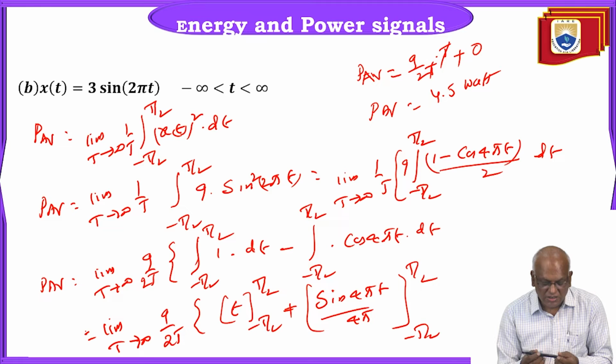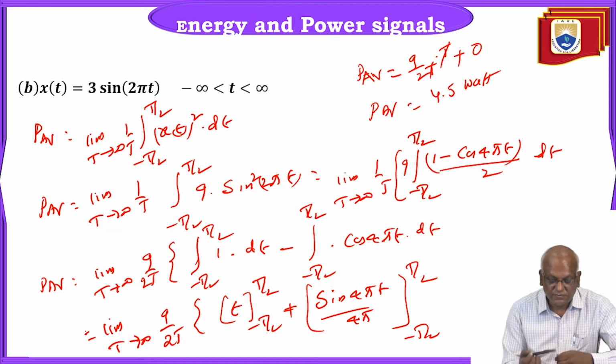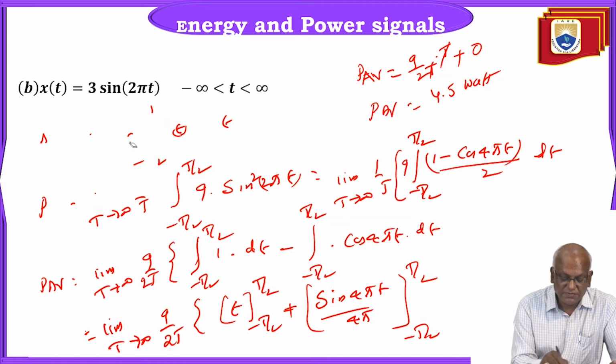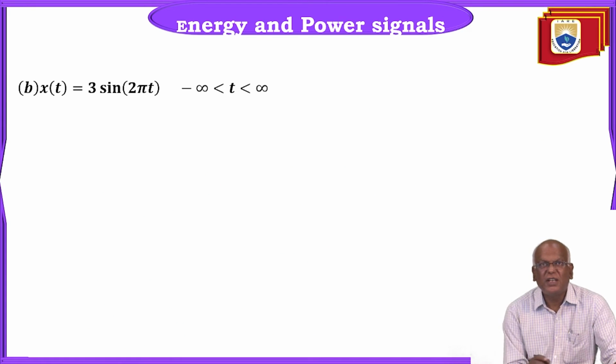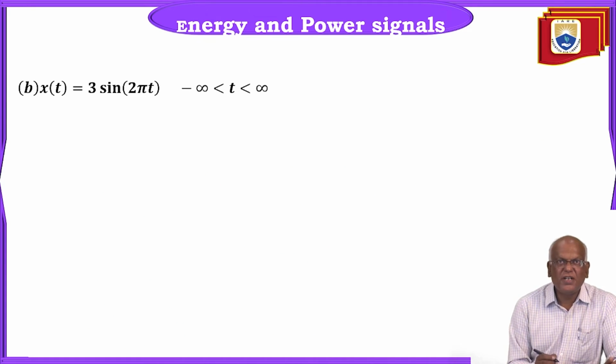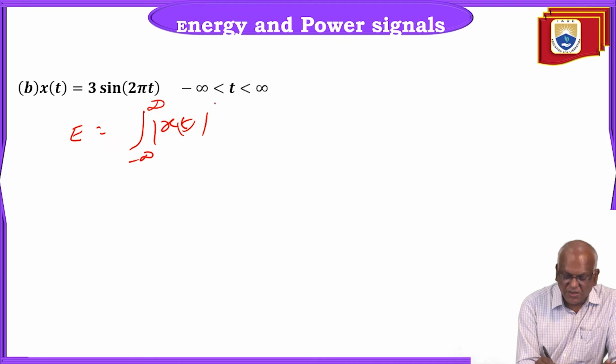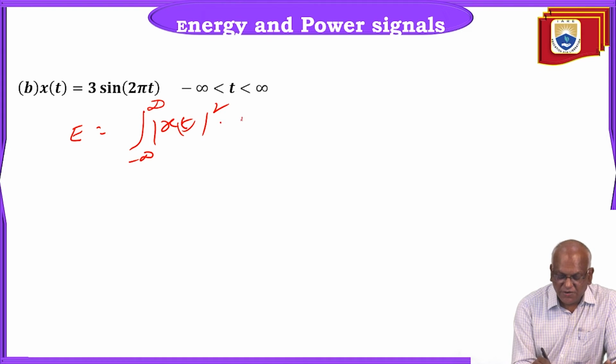What about the energy of the signals? Now we want to find out the energy of the signals. What is the energy of a signal? The energy of a signal is given by E. It is equivalent to the integral from minus infinity to plus infinity of the absolute value of x of t squared into dt.